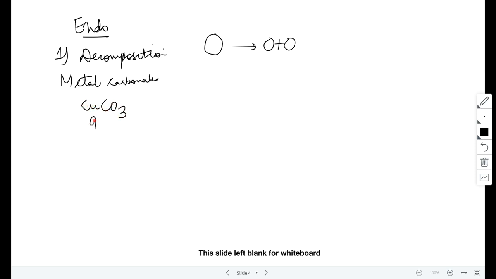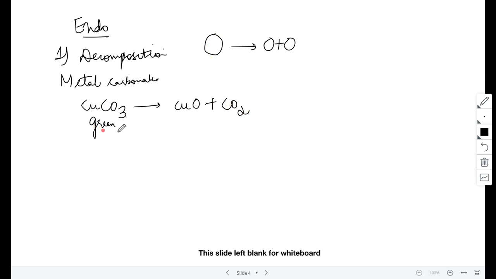Excellent. Now this copper carbonate is green color. When you decompose this, it forms copper oxide plus carbon dioxide. You understood what is a decomposition reaction? Basically, the larger molecule is getting split up into smaller molecules.